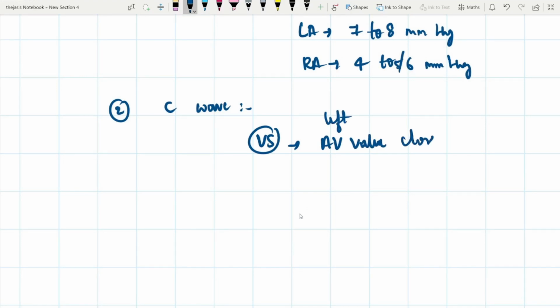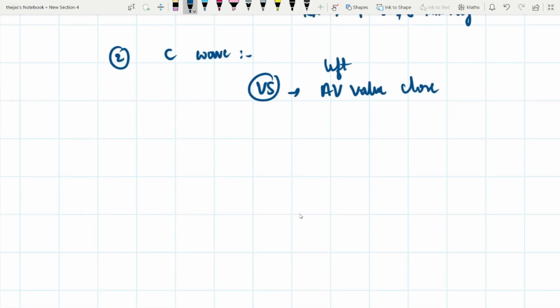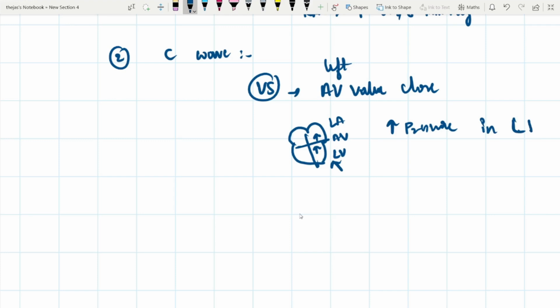Because of contraction of the left ventricle, there is pushing of the left AV valve into the left atrium, so there is an increase in pressure in the left atrium during ventricular systole. Why is there an increase in pressure?